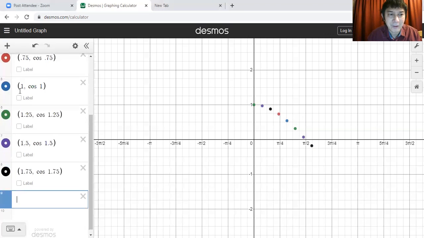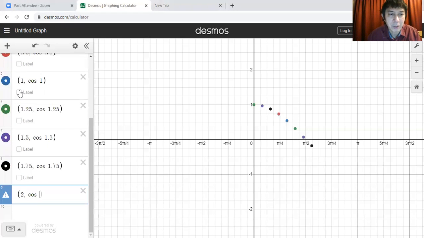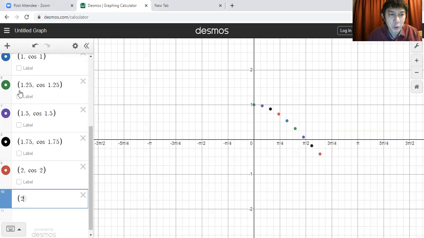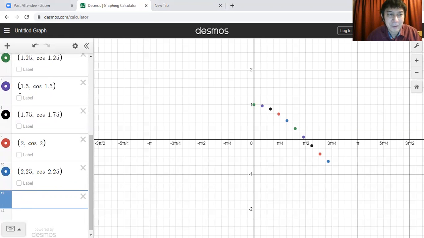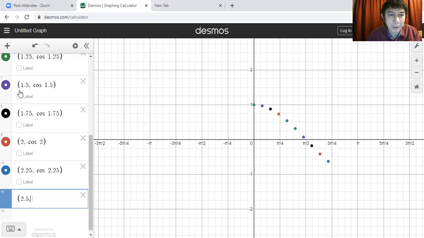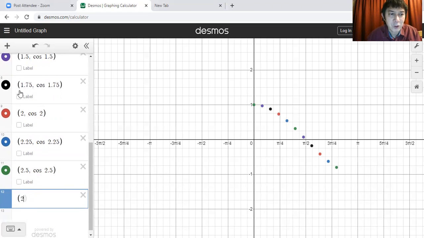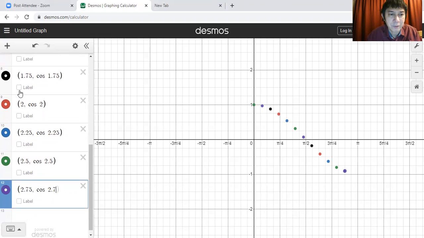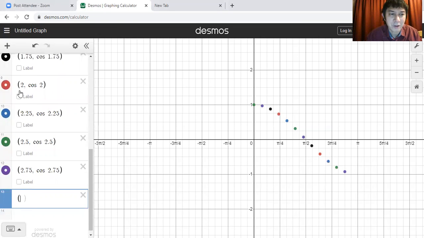There. All right. Try to observe the generation of points there. Next is 2 for x, cosine of 2 for y, and 2.25 for x, cosine 2.25 for y. Then 2.5 for x, cosine of 2.5 for y. Next is 2.75 for x, cosine 2.75 for y. Notice the graph of the cosine function.